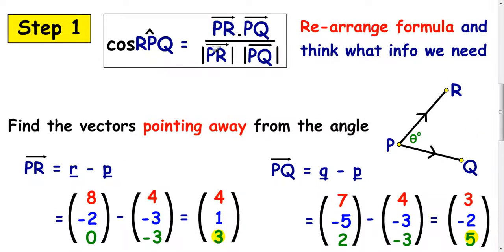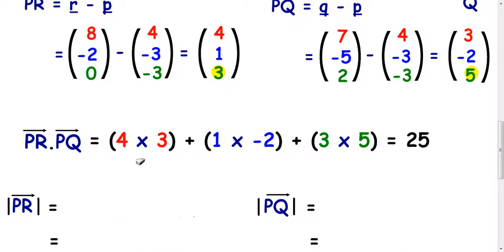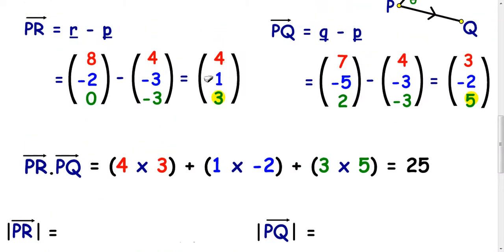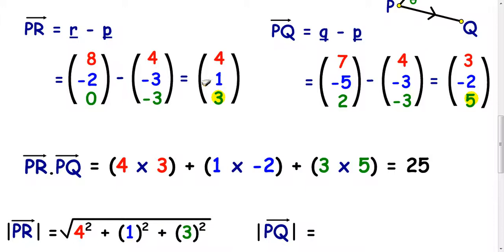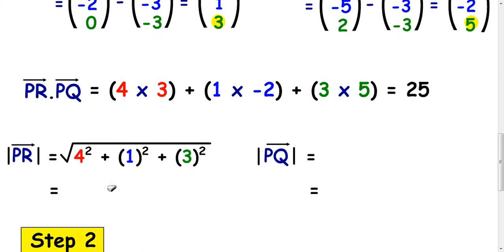The next thing we have to do, we have to work out the magnitude of PR and the magnitude of PQ. Now the magnitude of PR is the square root of each individual part of the vector squared. So the square root of 4 squared plus 1 squared plus 3 squared. 4 squared is 16 plus 1 is 17 plus 9 is 26.